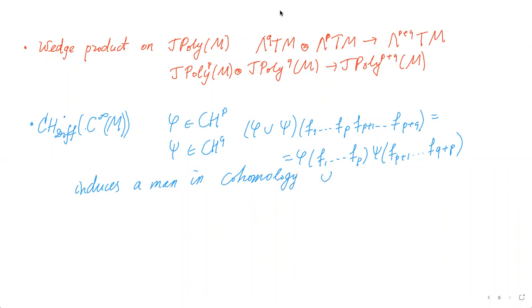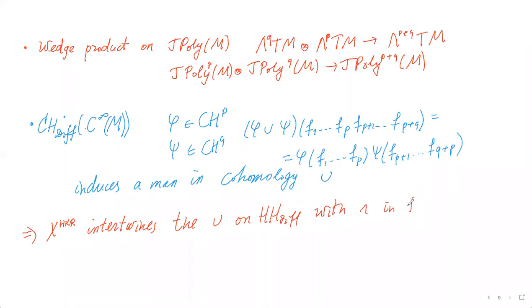Then the result, which can be obtained by some really combinatorial work, you need to work combinatorially to prove this, is that the Hochschild-Kostant-Rosenberg map intertwines the cup product on cohomology with the wedge product in the polyvector fields.